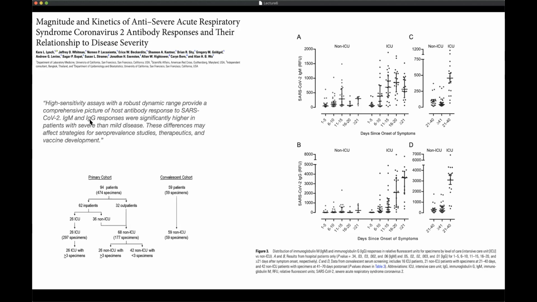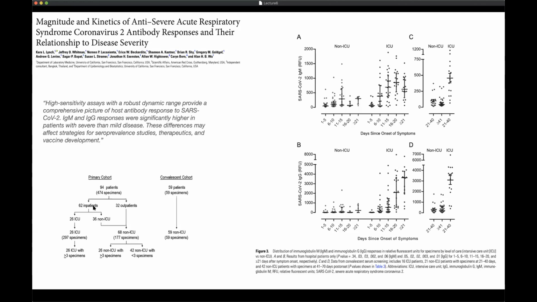The take-home message is that high sensitivity assays with a robust dynamic range provide a comprehensive picture of host antibody response to SARS-CoV-2, IgM, which is early, and IgG, which is later. Responses were significantly higher in patients with severe than mild disease. These differences may affect strategies for seroprevalence studies, therapeutics, and vaccine development. So those are the key messages. Basically, there's more immunoglobulin, more antibody response, in patients that have severe disease.